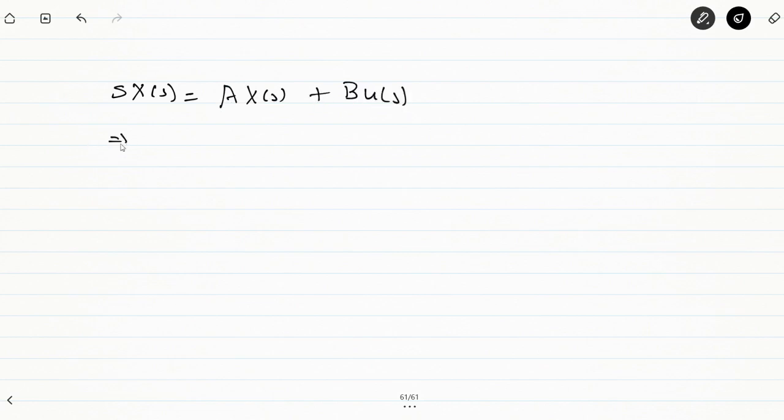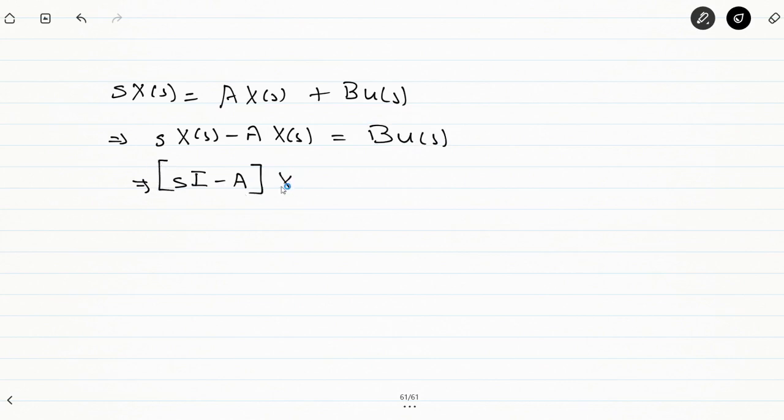So from here, s times X(s) minus A times X(s) is equal to B times U(s), which implies (sI minus A) X(s) is equal to B U(s).